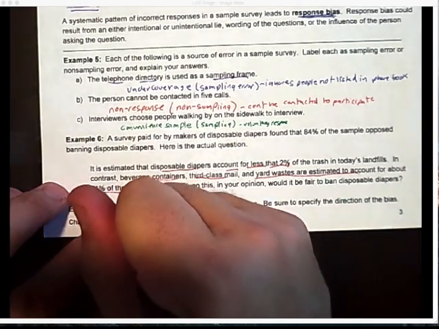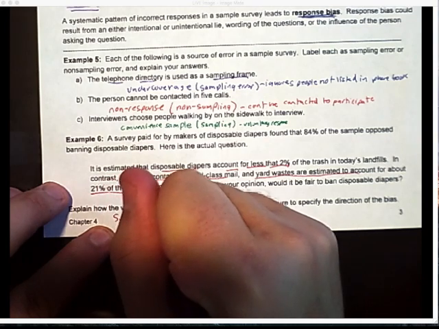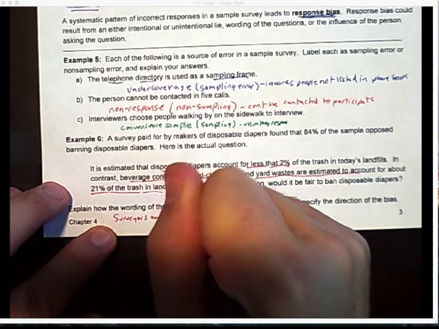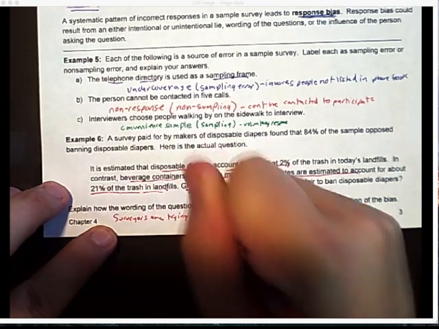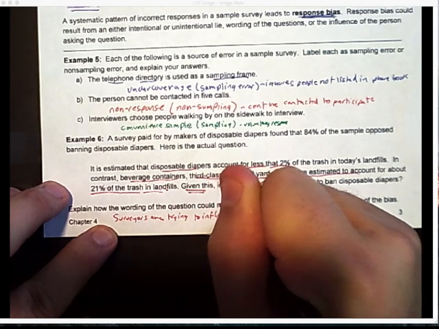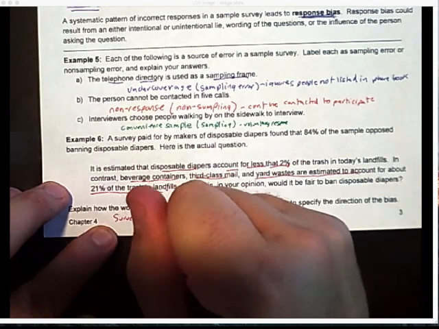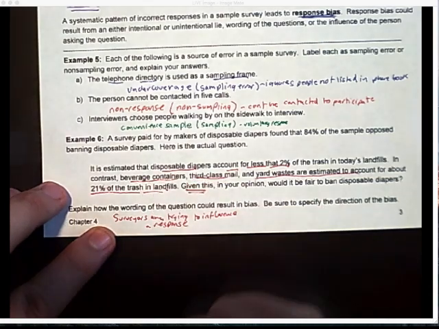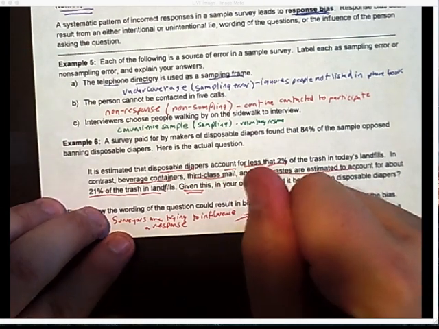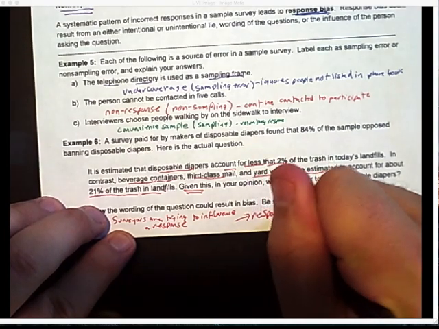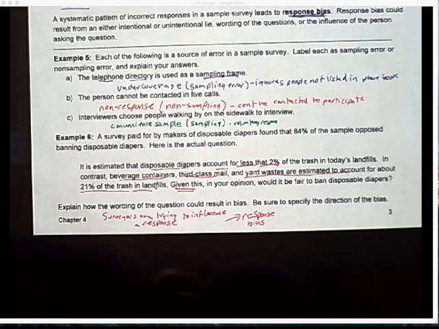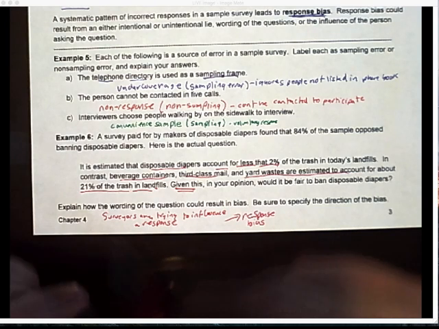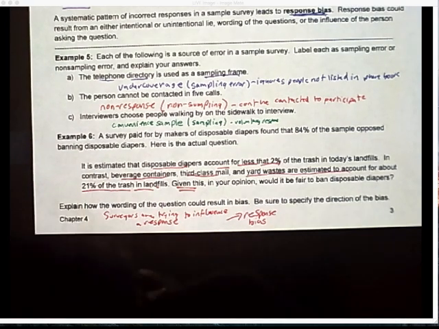So the surveyors are trying to influence a response. Okay, they're trying to influence your response. So what this is, is response bias. The people asking the question are trying to get you to answer a certain way based on the way they framed the question.